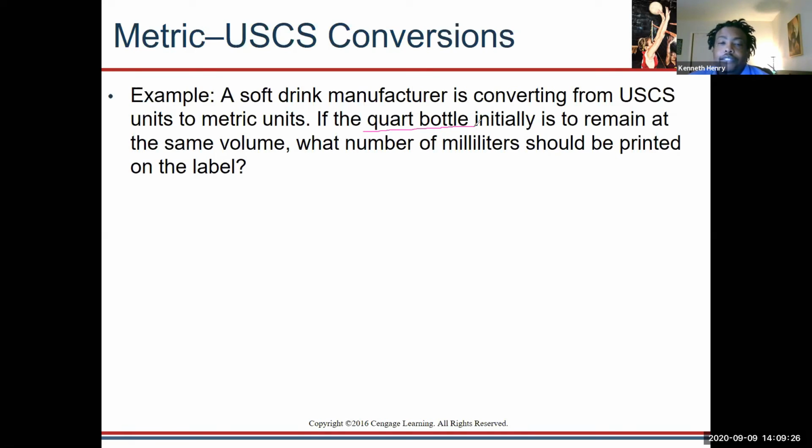A quart bottle. So how many quarts do we have in the quart bottle? Is it 1? Okay, so we're starting off with 1 quart. That's my given. And what do I want? Milliliters. I want milliliters.